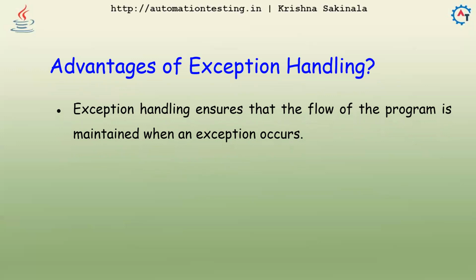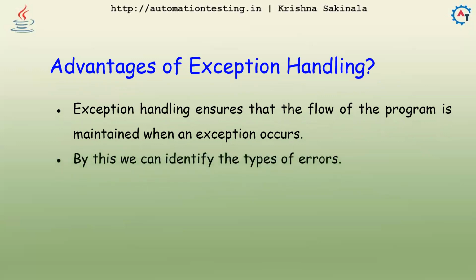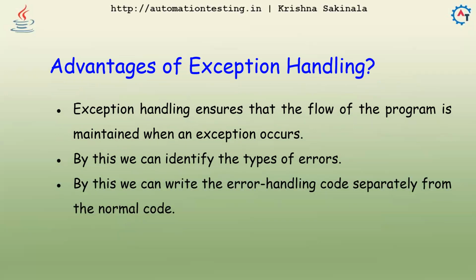By this, we can identify the types of errors, so you will come to know what kind of exceptions or errors occur in your program. By this, we can write the error handling code separately from the normal code. To handle errors, we use some separate blocks, which we will see in our next videos, but that code is separated from the normal code.